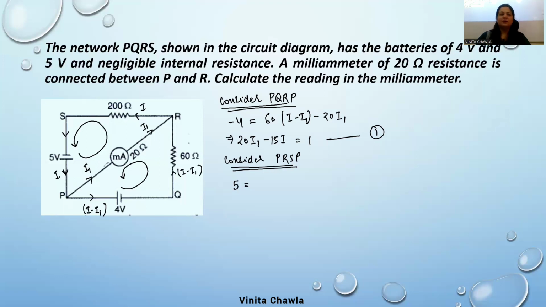So is 20 I1 positive or negative? Positive. Yes. And we'll go to this resistor now, 200 I. Again, it is positive. On simplifying, what will you get? 4 I1 plus 40 I is equal to 1. We'll get this relation. Let this be equation 2.